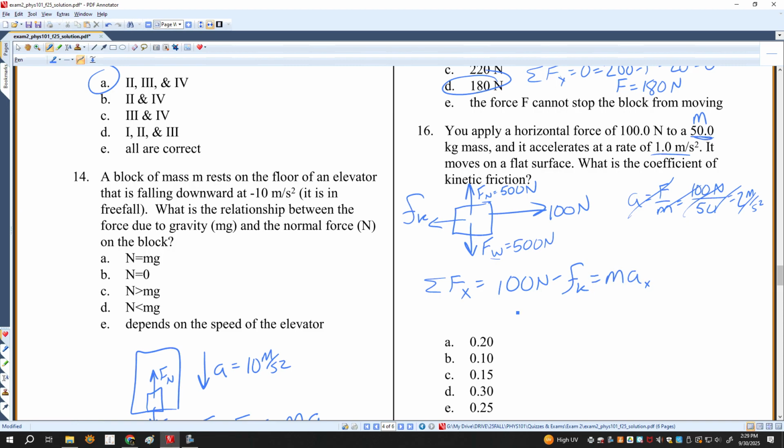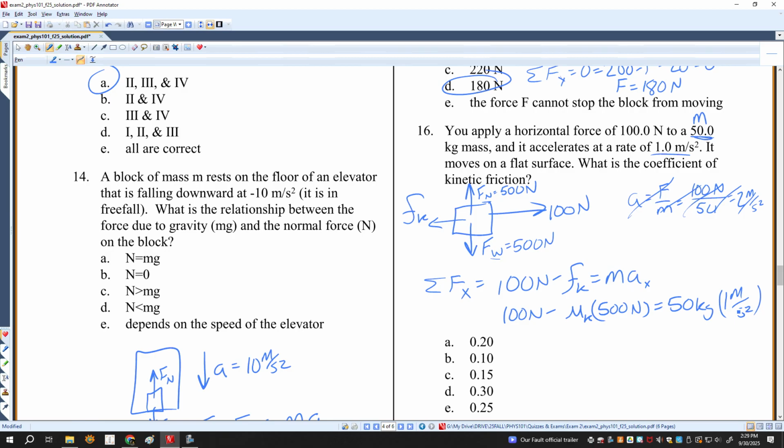I know my normal force, so I can figure out F_k. That's 100 newtons minus F_k, which is mu times F_n. Actually, I don't know that, so I'm going to write in mu_k times the normal force, which is 500 newtons, is going to be equal to the mass, which is 50 kilograms, times the acceleration, which is 1 meter per second squared.